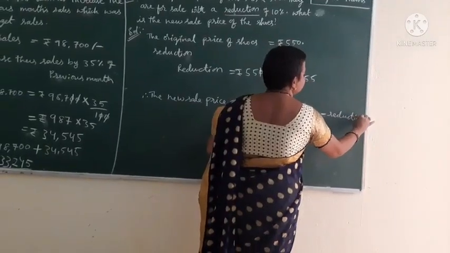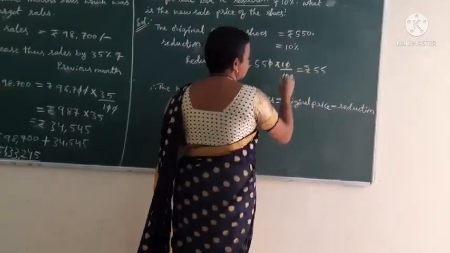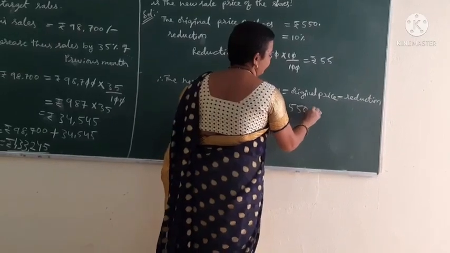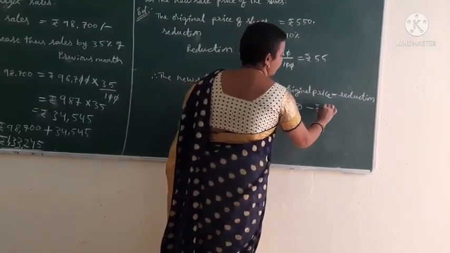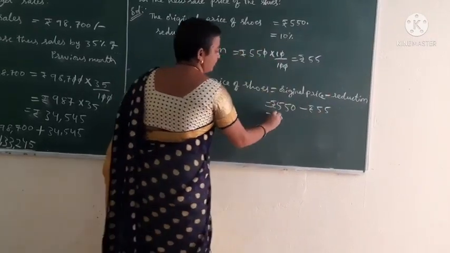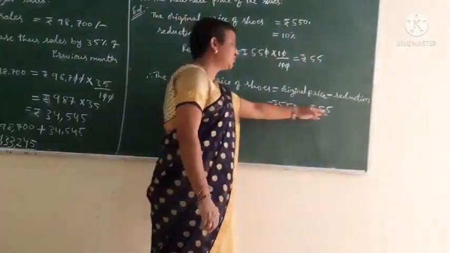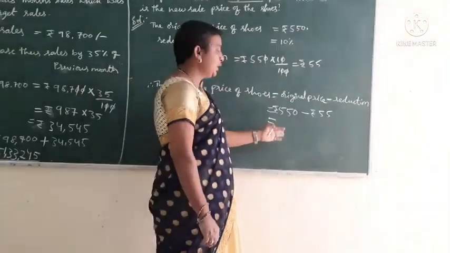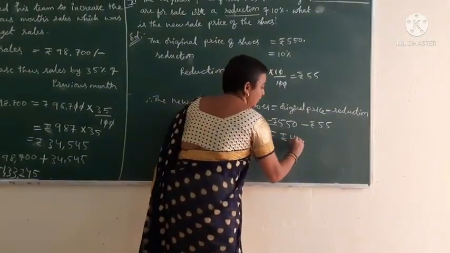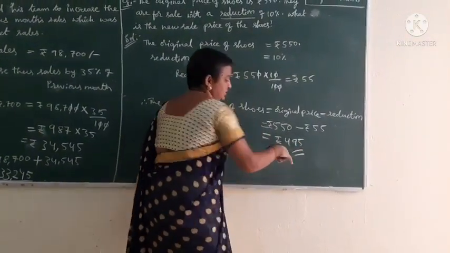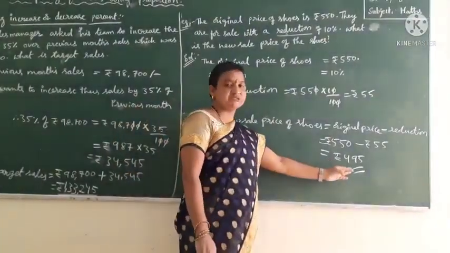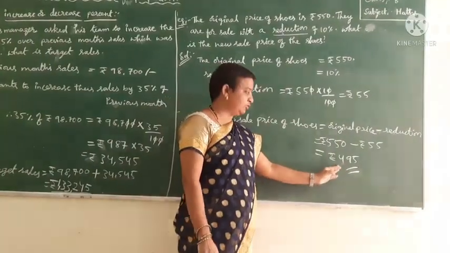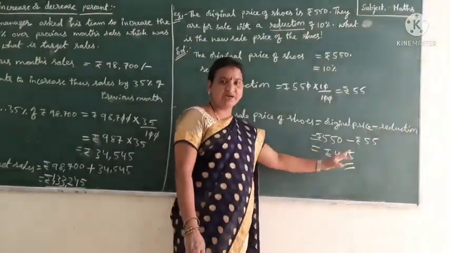Original price 550 minus reduction rupees 55 is equal to, if we subtract 55 from 550, we get rupees 495. So the shopkeeper gives the shoes for rupees 495. We have to pay the amount rupees 495.